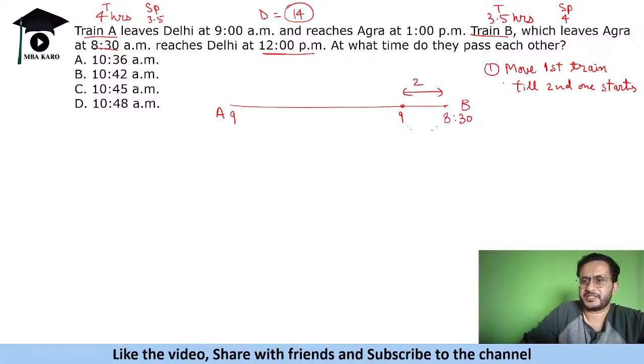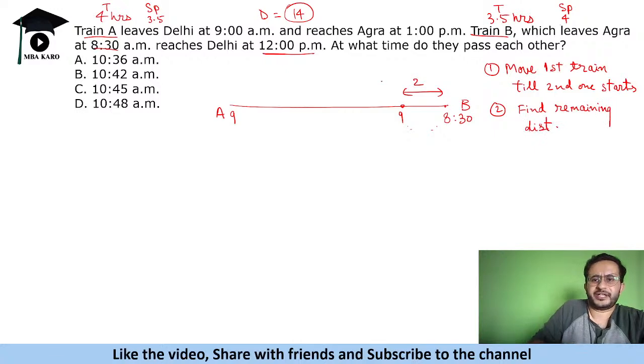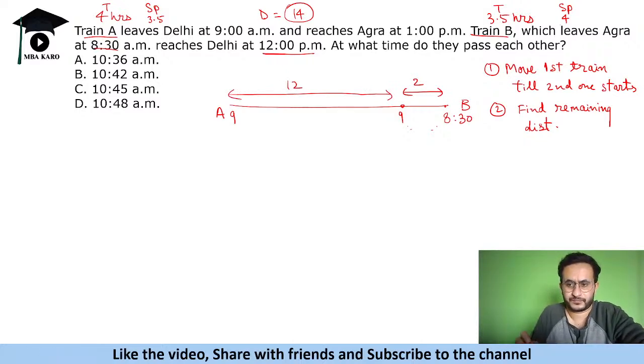Okay, so that's the first step that we have done. Second is find remaining distance. Now initially we said the distance is 14, right? We subtract 2, we get the distance as 12. Okay, so we get the remaining distance as 12.